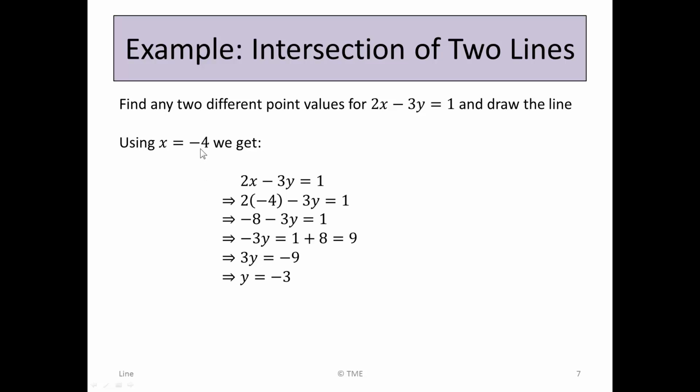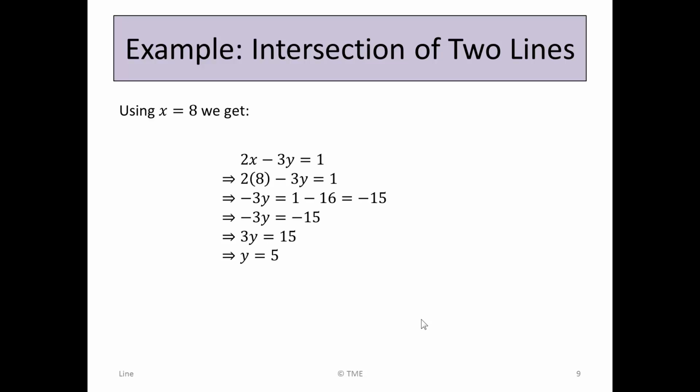So when x was minus 4, we found the y value is minus 3. The point minus 4, minus 3 is a point on the line 2x minus 3y is 1. We need also to find a second point.